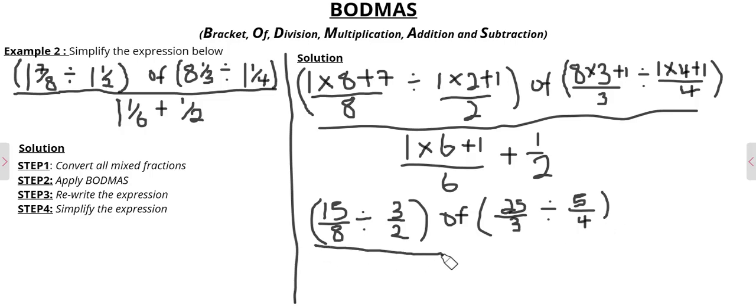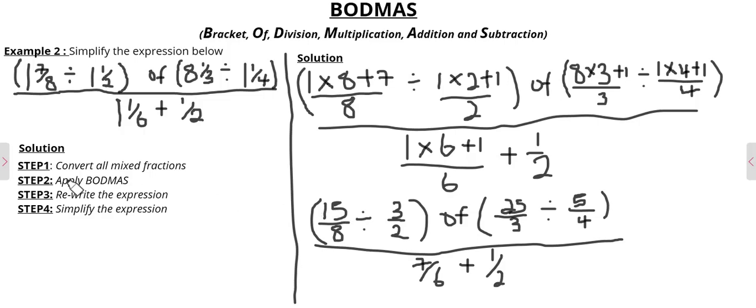And then we go again. So 1 times 6 is 6. 6 plus 1 is 7. We have 7 all over 6 plus 1 all over 2, correct? Now this is the converted form of the whole example. We've successfully converted the mixed fractions.